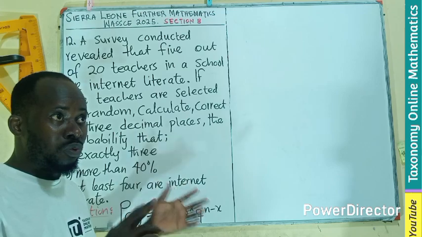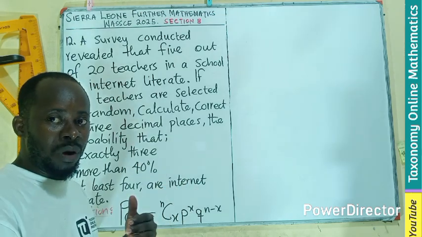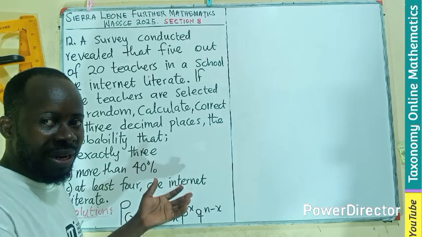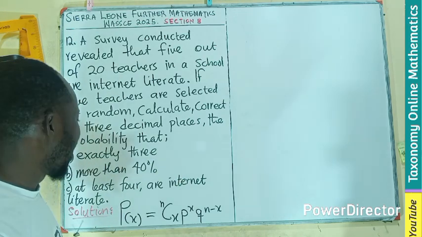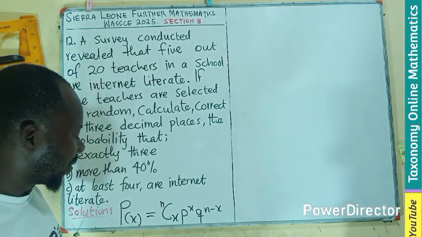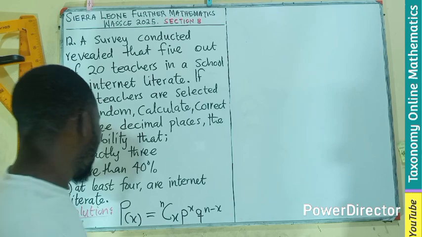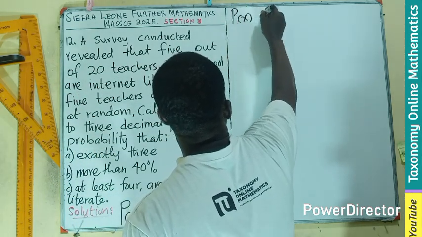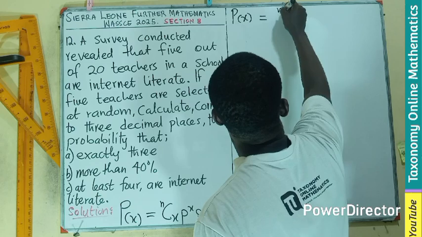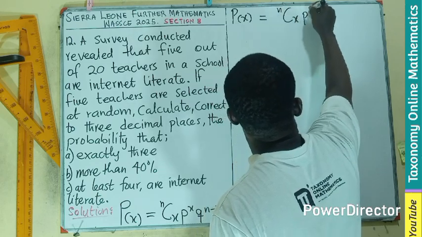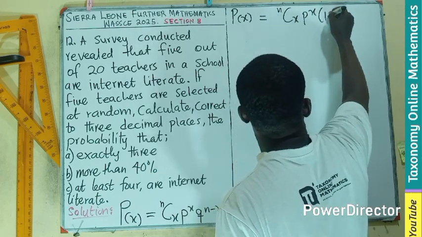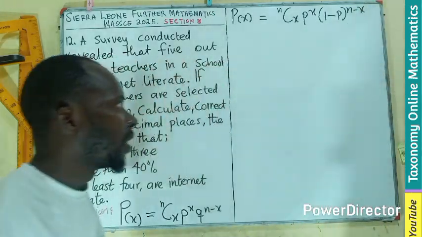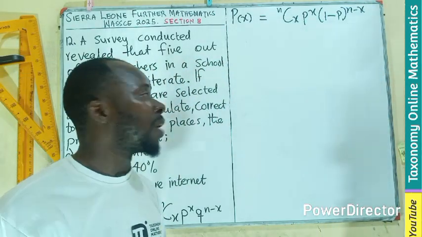That is, if there are two chances, the event happening and the event not happening, that is the success and the failure. So I can rewrite this as probability equals nCx, p exponent x, into bracket 1 minus p, exponent n minus x. This shows that we are dealing with p in all its calculation.